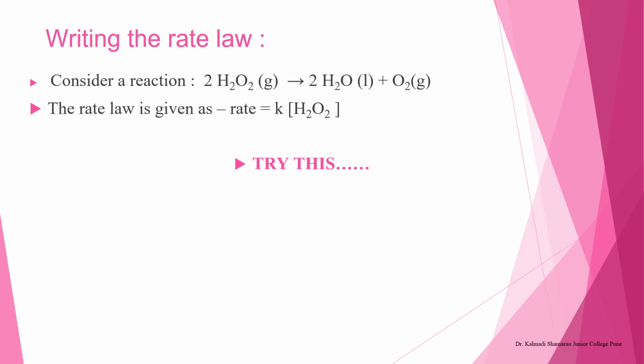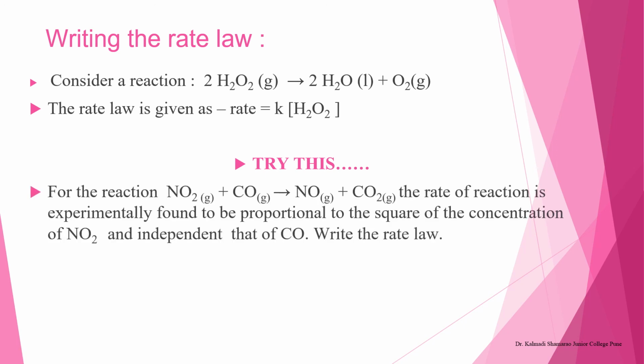Similar way, now try this question. Now in this, the rate of reaction is experimentally found to be proportional to the square of the concentration of NO2 and independent of that of carbon monoxide.